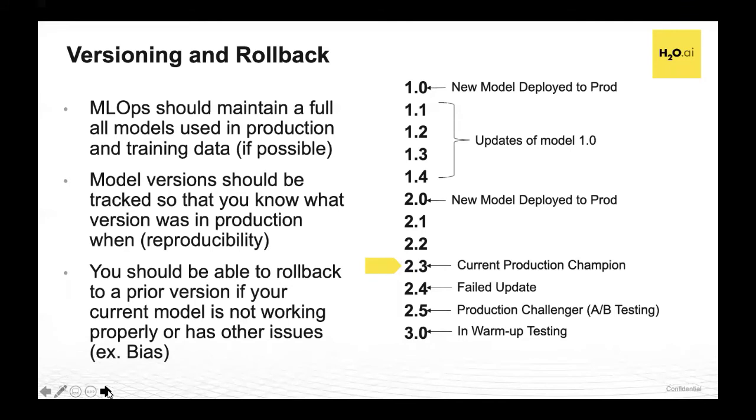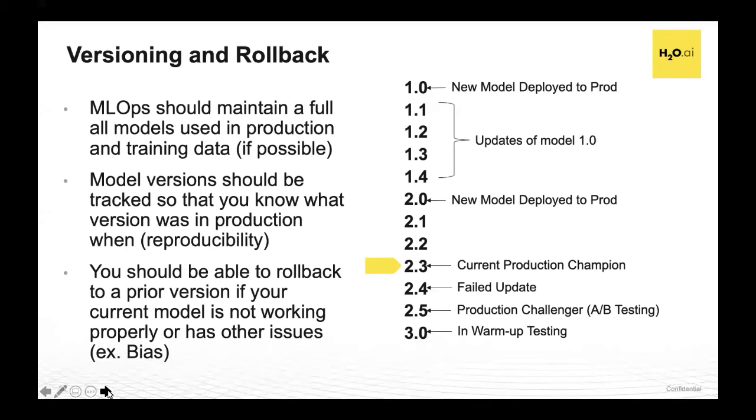We actually want to maintain a repository of the models, and be able to go back and find that model. It could be a year later, and we need to reproduce that model's prediction a year later, right?